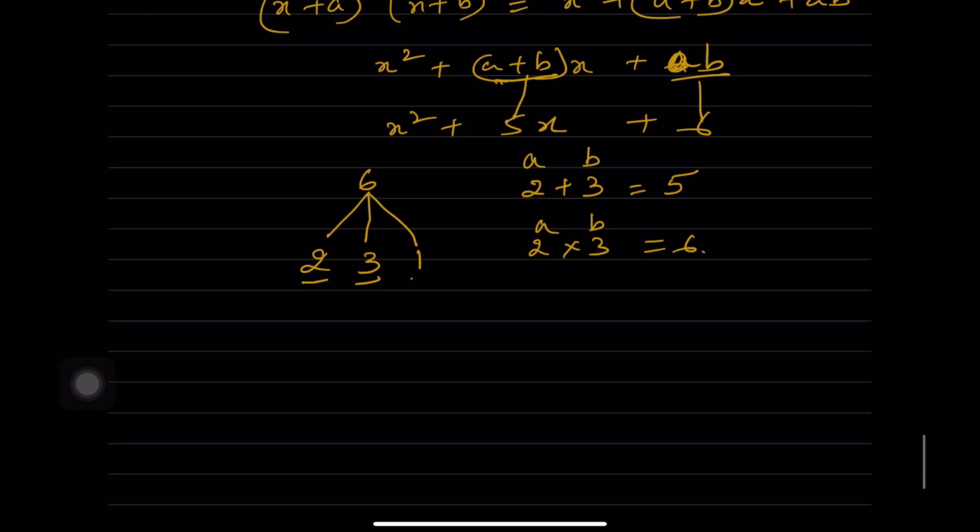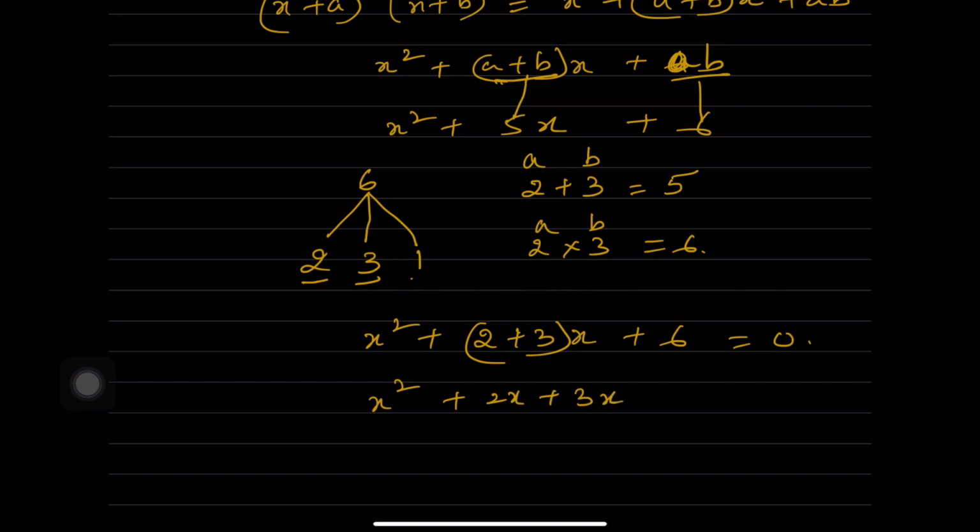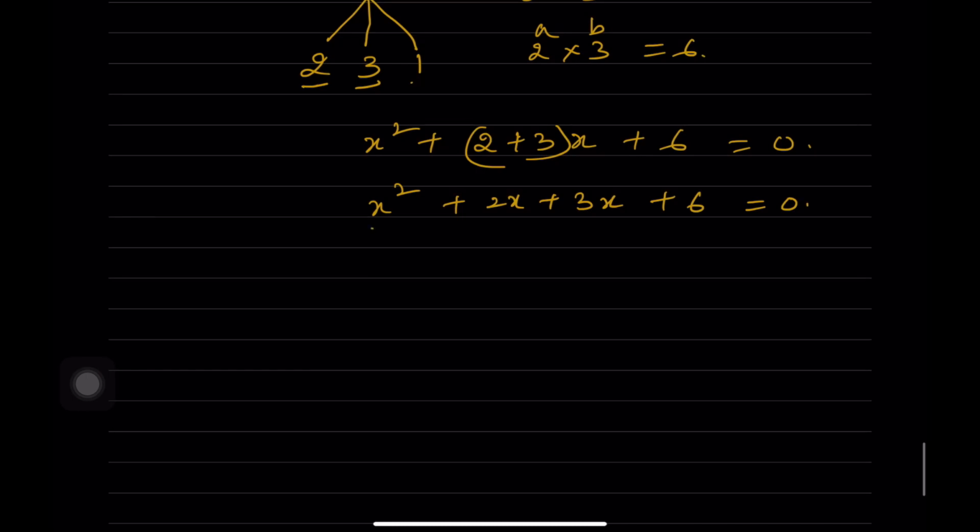So we'll write down in this expression now. x square plus, in the place of 5, I am writing 2 plus 3, x plus 6 is equal to 0. So this can be written as x square plus 2x plus 3x plus 6 is equal to 0. Now in these two, what is common?